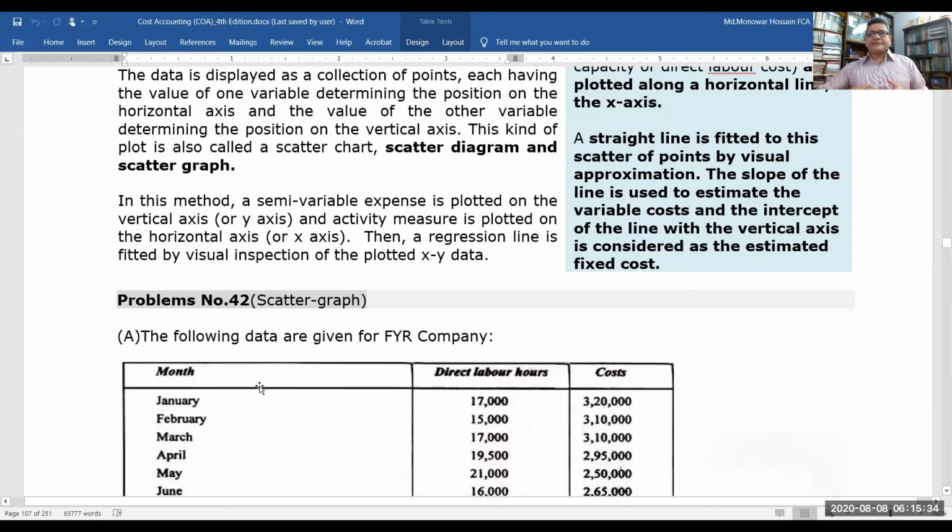A straight line is plotted through the strata of points by visual approximation. The slope of the line is used to estimate the variable cost, and the intercept of the line on the vertical axis is considered as the estimated fixed cost.